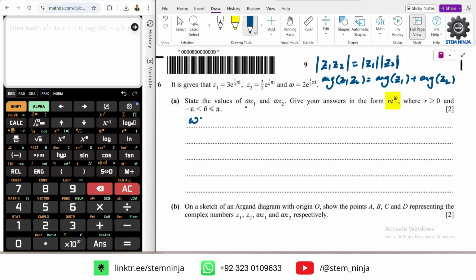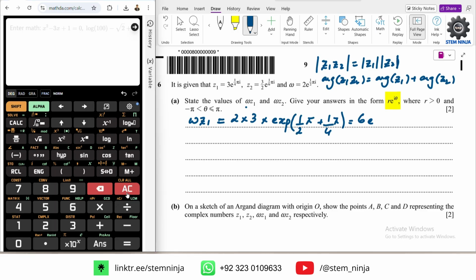So omega z1 is 2 times 3 times e raised to power a half pi plus pi by 4. Right, so this would become 6 e raised to power 3 by 4 pi.